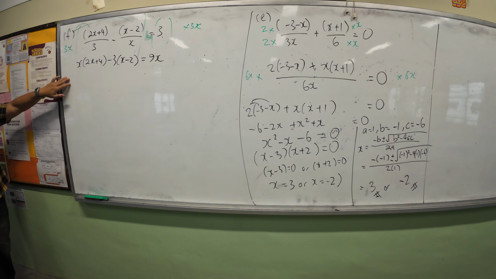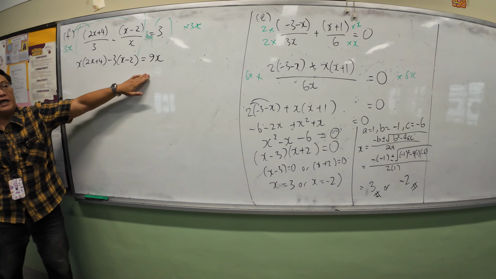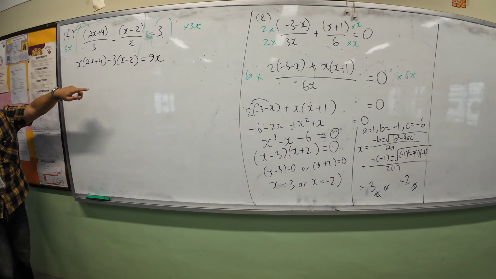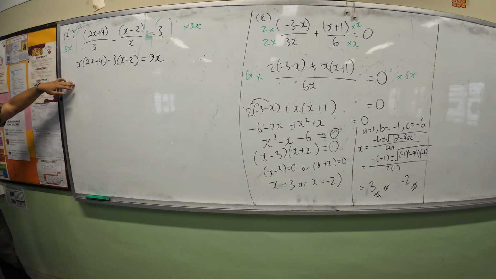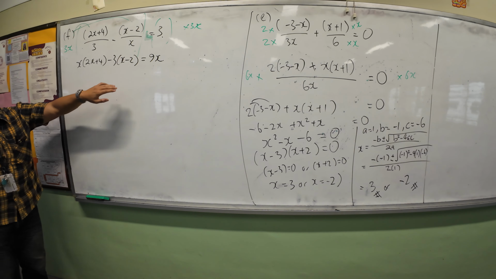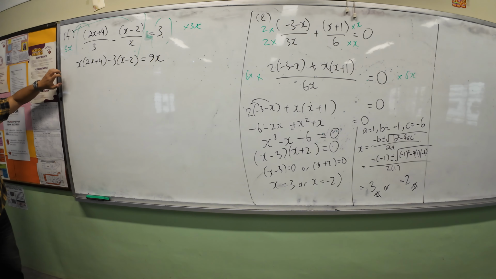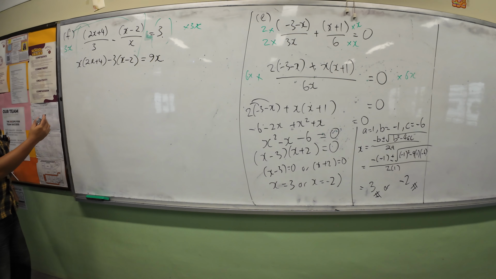I can go to without denominator faster than if I go and add or subtract the fractions. Okay? So start with this one. When you are comfortable, this one is a better or faster way to get to your answer.